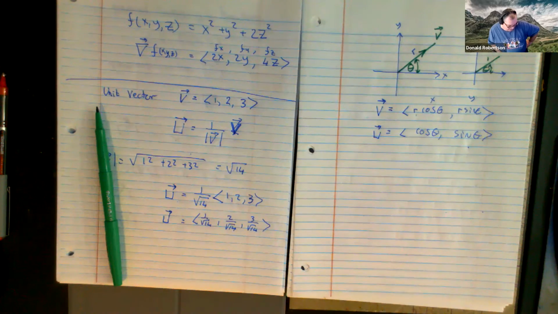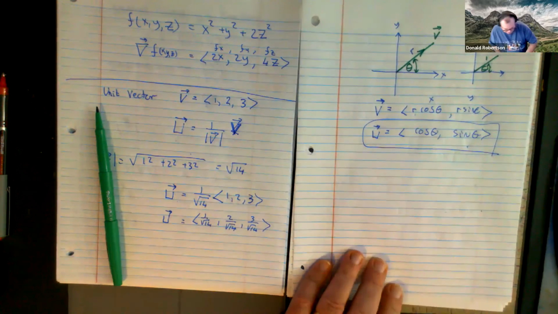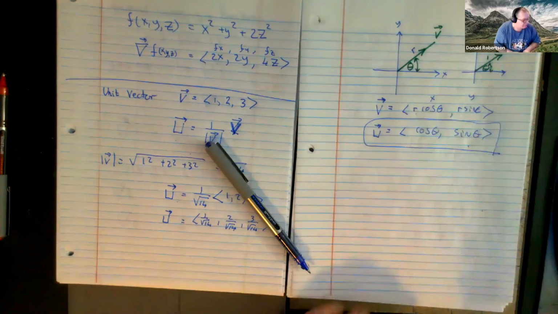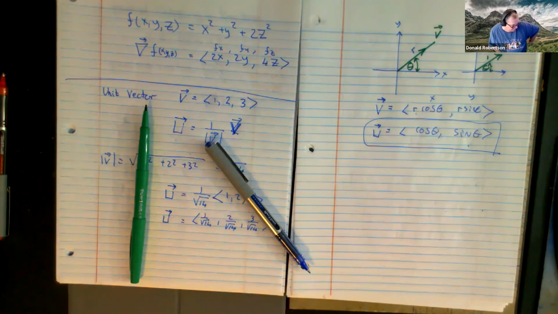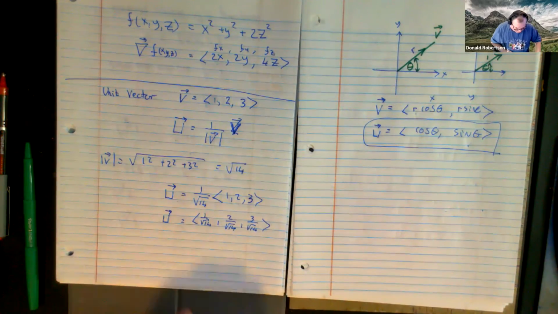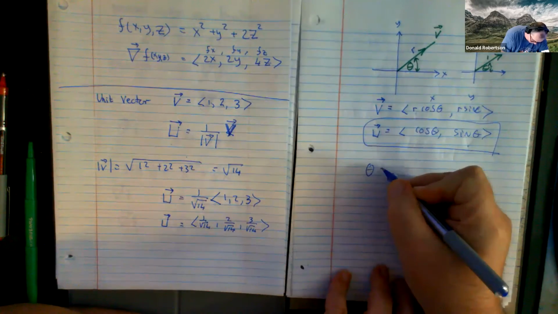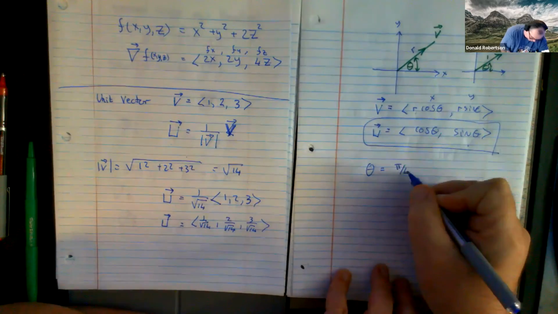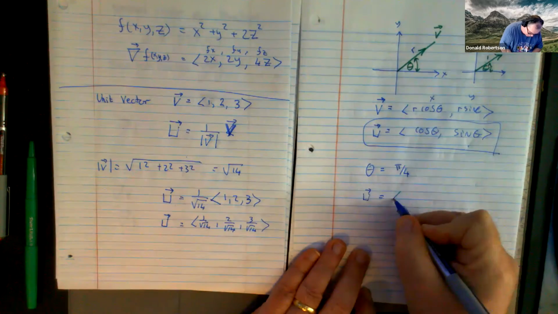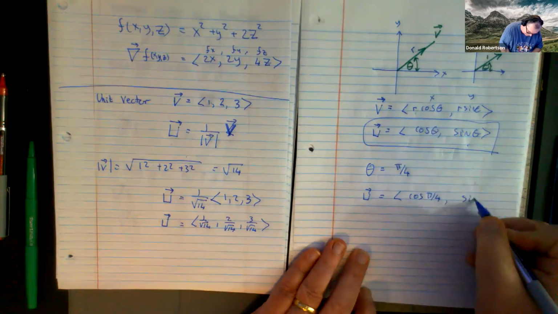Are we okay with how you can get a unit vector travelling in a direction theta with the positive x-axis? So I've got all the pieces. Well, maybe I should do an example. Suppose theta is pi upon 4. Then the unit vector will be the cosine of pi upon 4, comma, the sine.